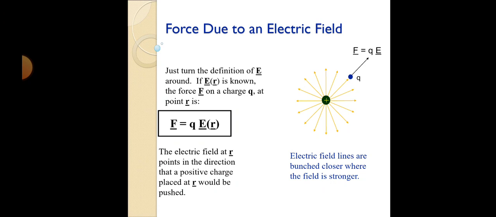If positive, they will repel, or if negative, they will attract. The electric field at point R is in the direction that a positive charge placed at R would be pushed, because they are both the same in nature. That's why repulsion will occur.